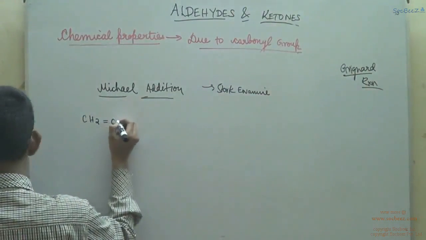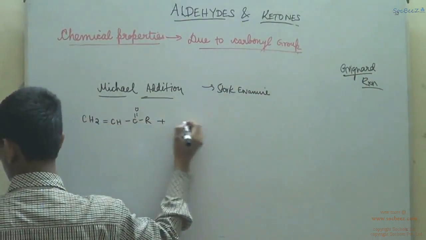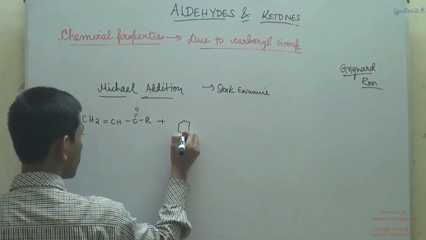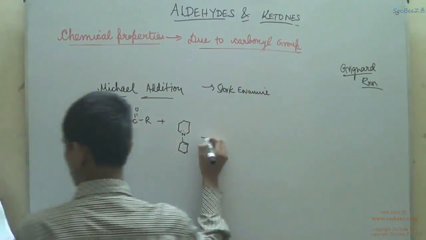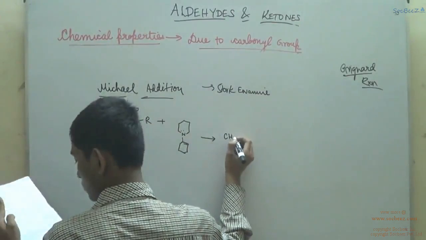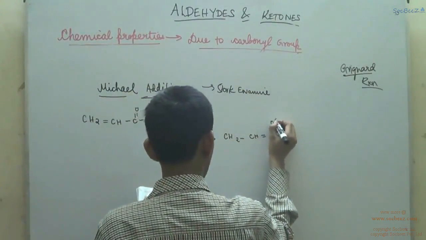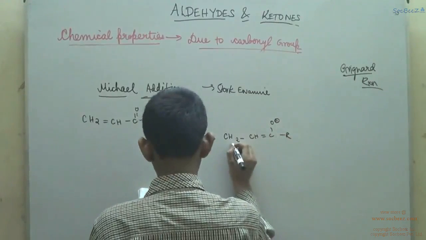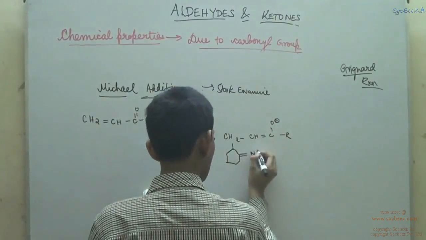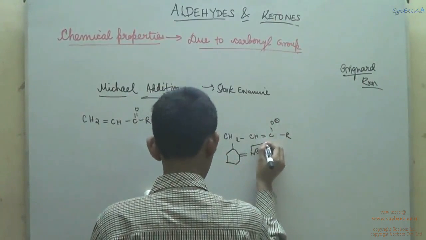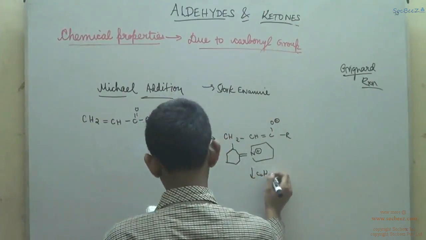So, this is alpha beta unsaturated ketone, and you treat it with a base. This is just for your remembrance. Okay, so this is formed. You add alcohol to it.